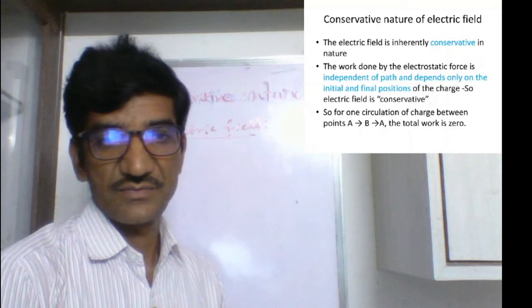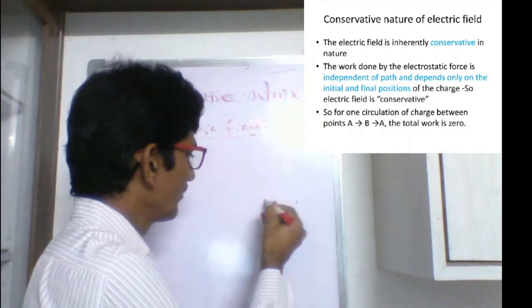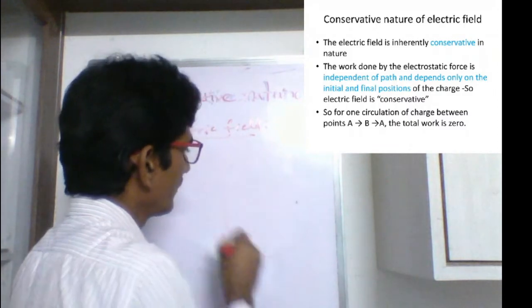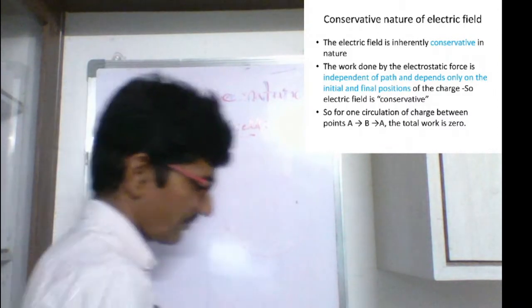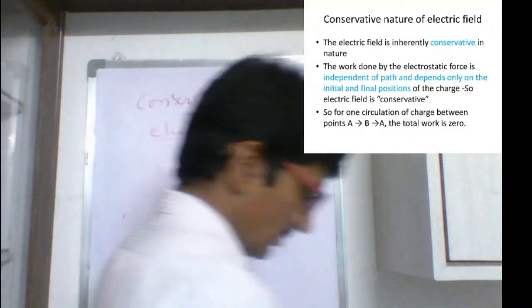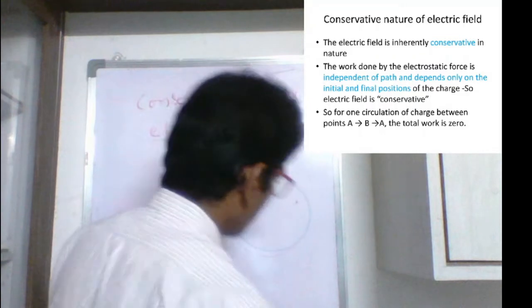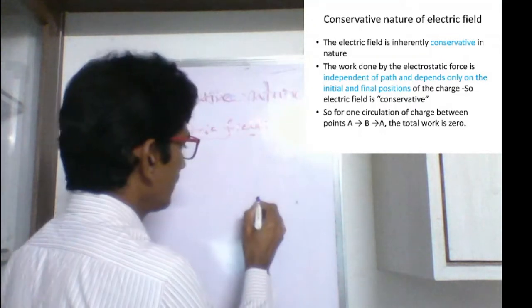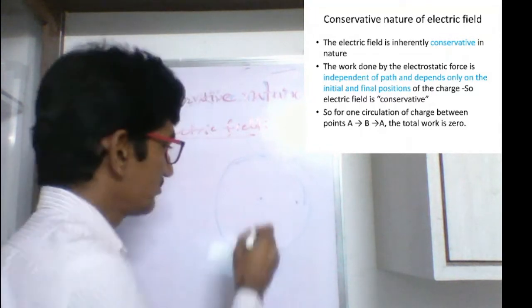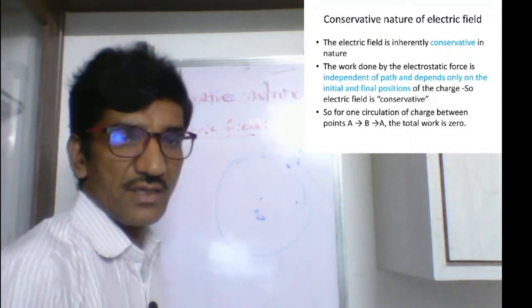Suppose you take a particle or a planet rotating about the sun. Take one example. Here, the planet is revolving around the sun.